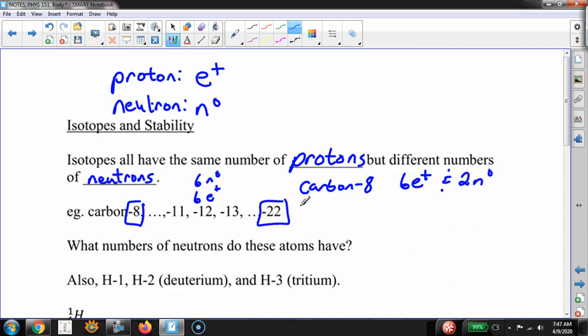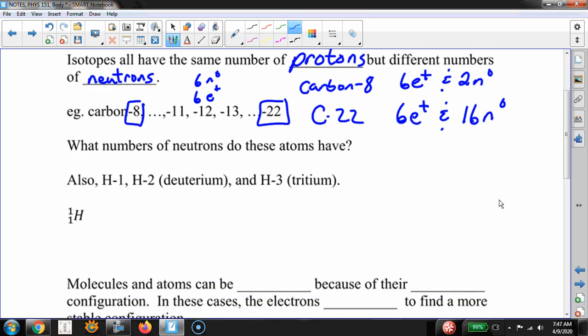Our carbon-22 has 6 protons, and, well, how many neutrons does it have? 22 minus 6, what is that? 16, and 16 neutrons. So I can figure out how many neutrons it has.